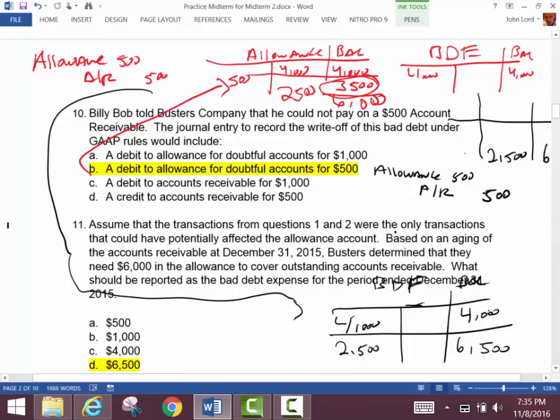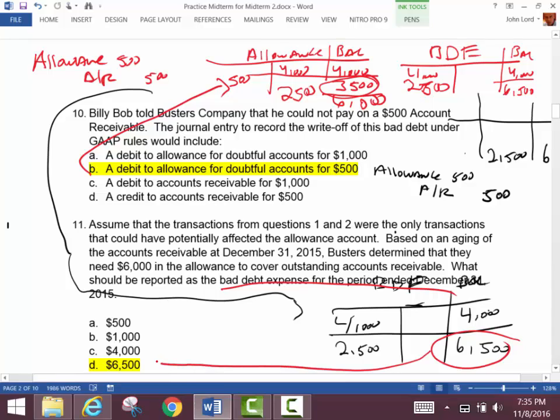So if I credited the allowance, I have to debit the bad debt expense for $2,500, don't I? And so when I debit the bad debt expense for $2,500, it comes up to $6,500. And so what's happening? The bad debt expense for the period is how much?